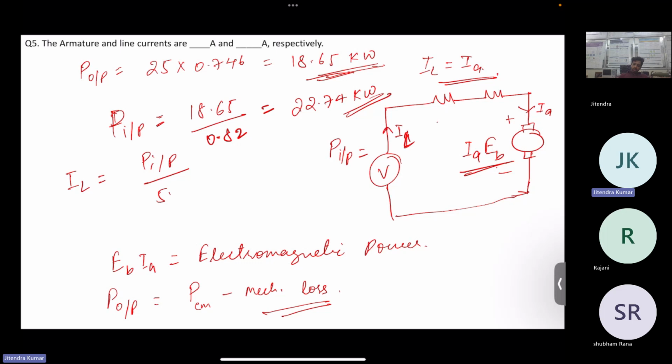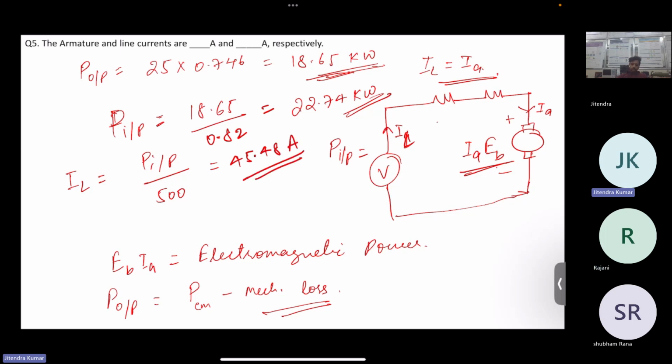Voltage is 500 volts. So that is 45.48 amps. Exactly, that is correct.